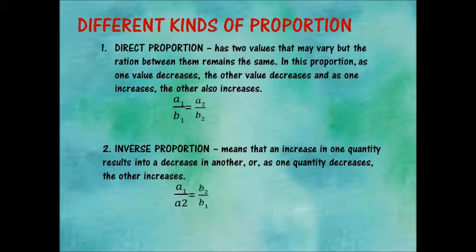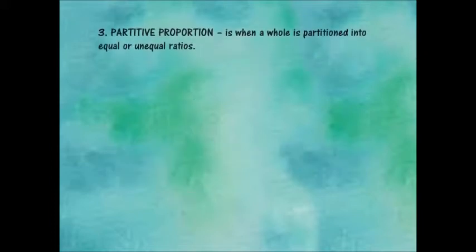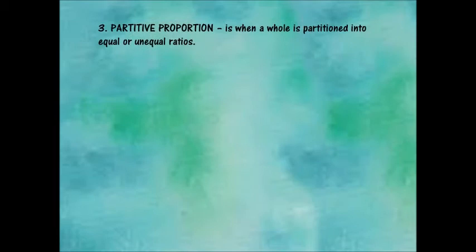And the last one, partitive proportion is when a whole is partitioned into equal or unequal ratio. Ibig sabihin lang, nagkakaroon tayo ng hatian doon sa isang buo, sa isang buong part noong ating problem.